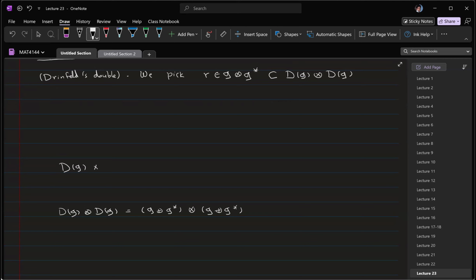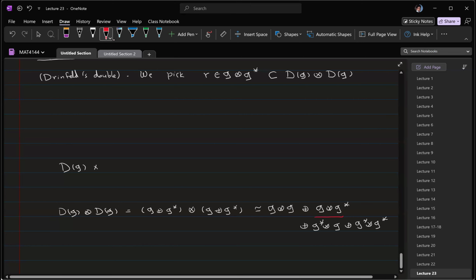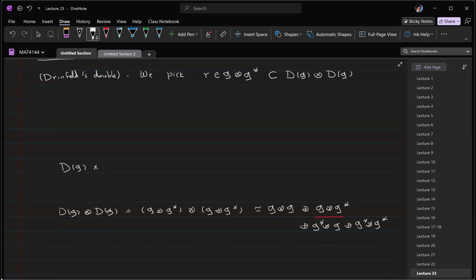So I get G tensor G, and G tensor G star, and G star tensor G, and G star tensor G star. And now I'm interested particularly in this summand. So up here, I want to take a certain tensor in this DG tensor DG, which really sits in G tensor G star.